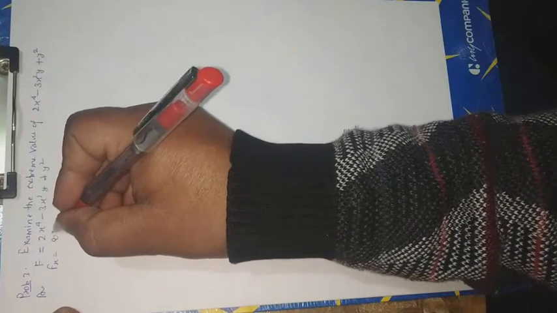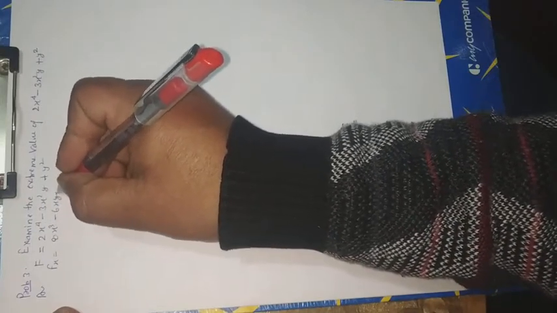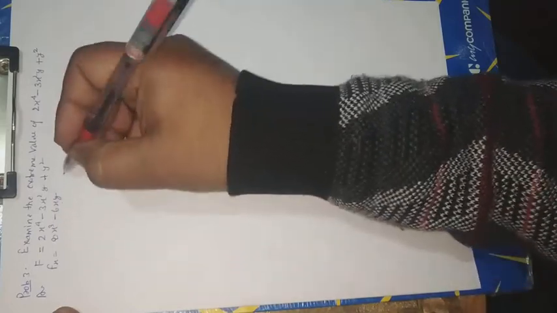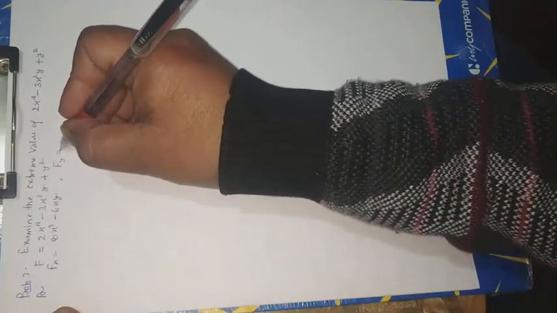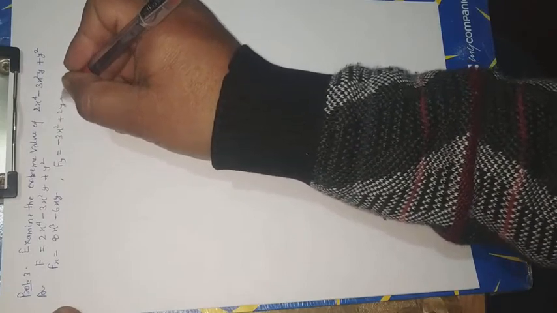Partial differentiation with respect to x: fx is 8x cube minus 6xy. Now fy is equal to minus 3x square plus 2y.